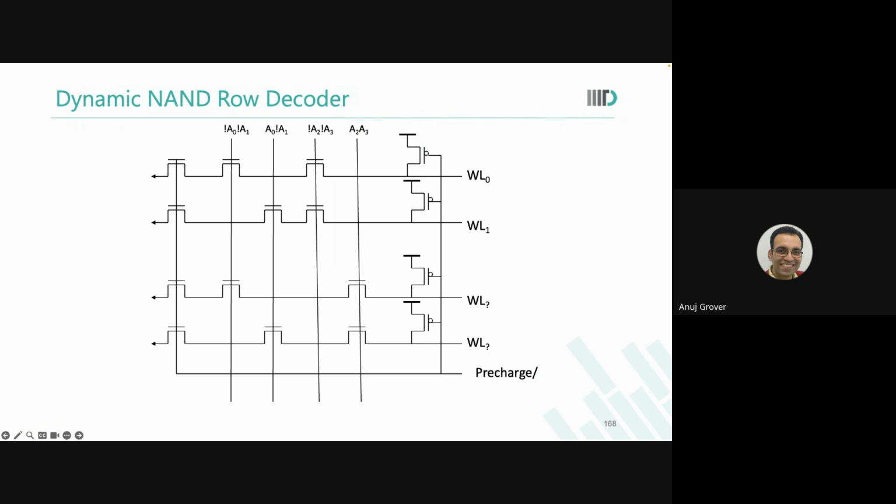It is a much bigger capacitance, so it will take longer to precharge. Even though you start to precharge the sense amplifier later, because its capacitance is less, it will catch up and precharge at the same time. That is how you have to design it, so that they actually converge at the same time.